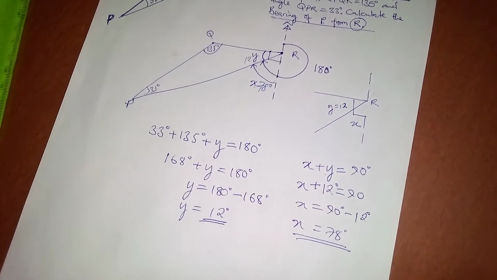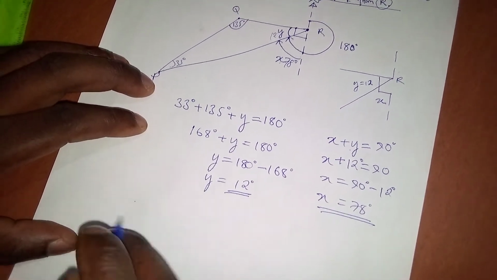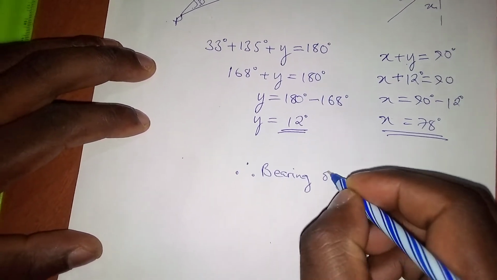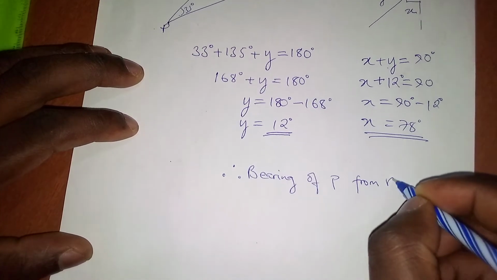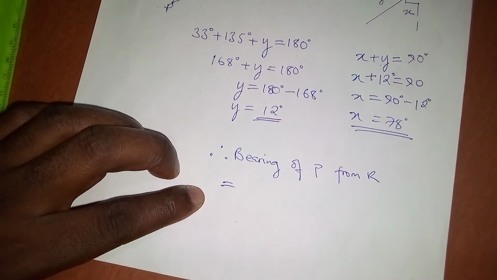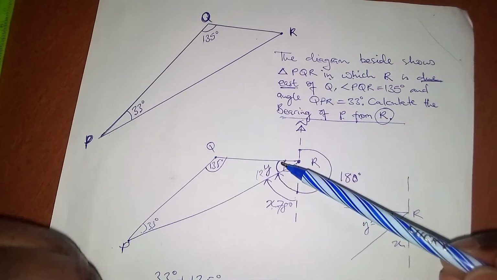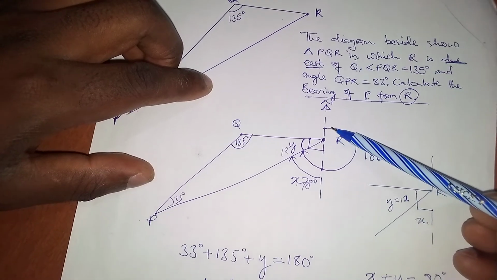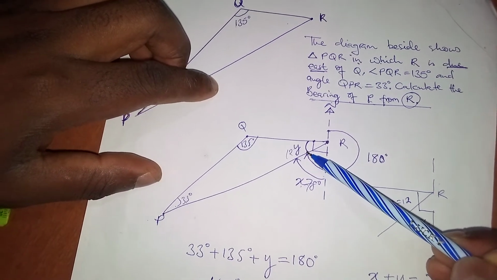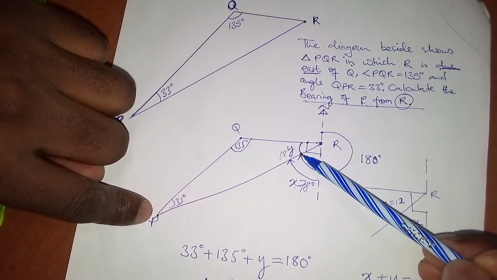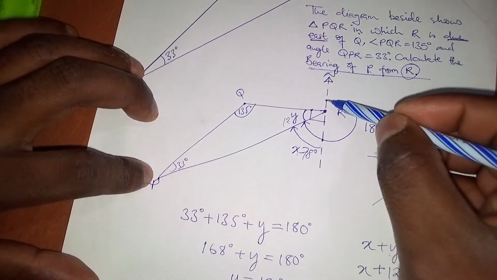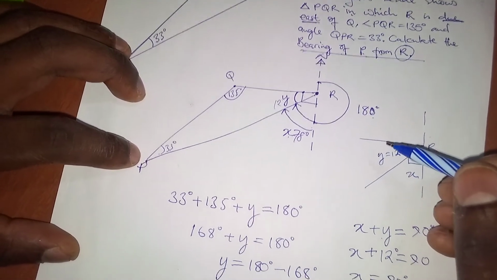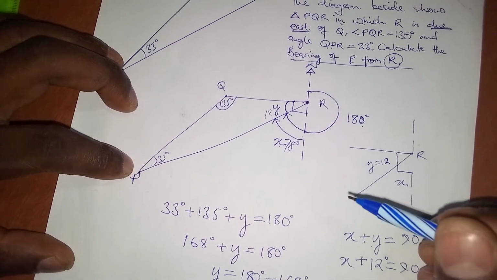That means that we can now calculate the bearing. Therefore the bearing of P from R is the angle from the North line straight up to the line coming from point R heading towards point P. From this point to this point it's 180 degrees, which came from the property of an angle on a straight line.